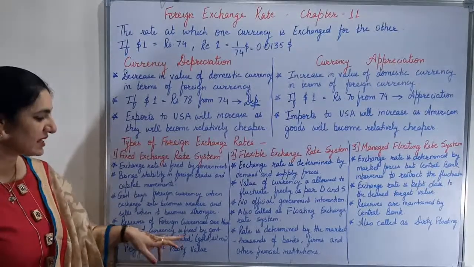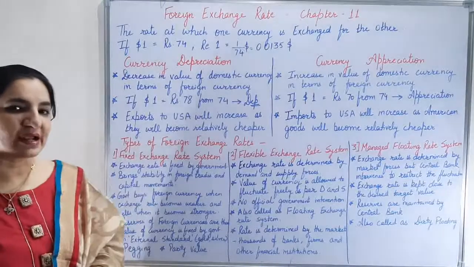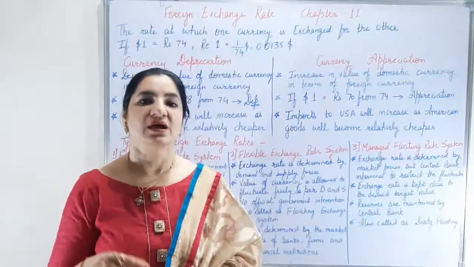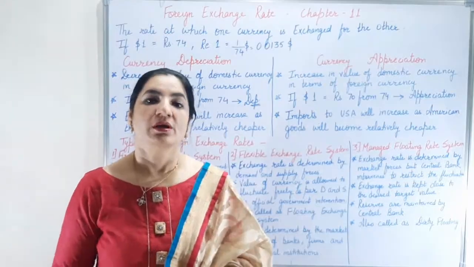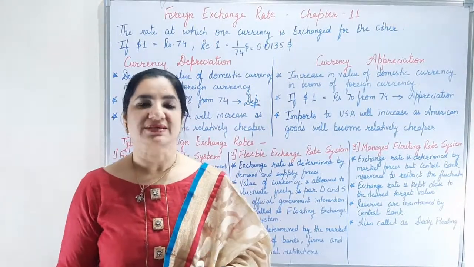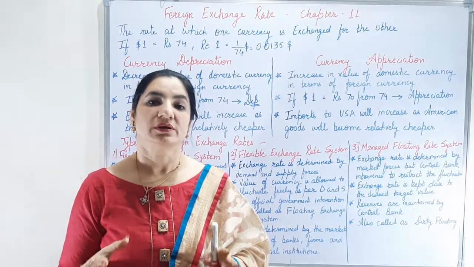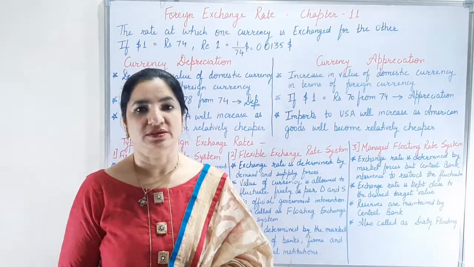The value of currency is fixed by the government in terms of external standards. External standard means, say, gold, bullion, silver. In context of these external standards, the rate is fixed.